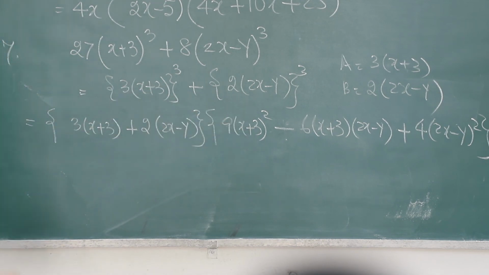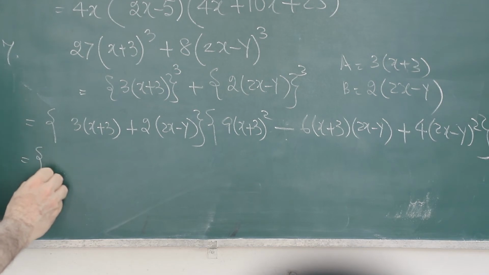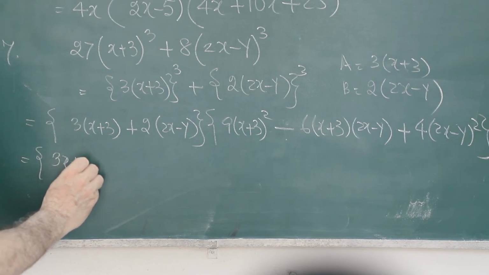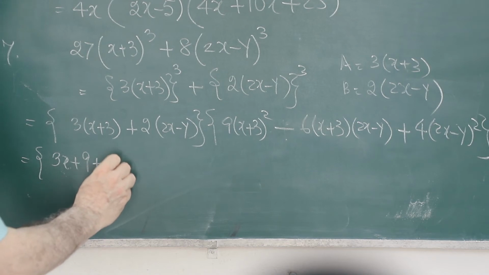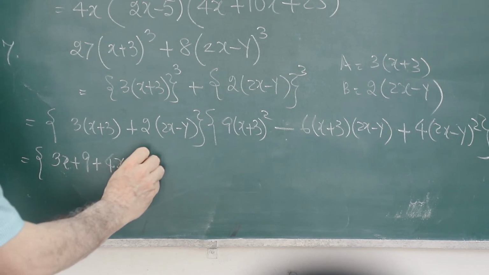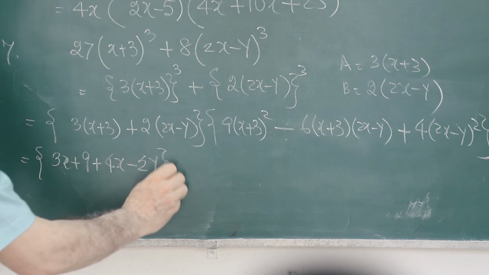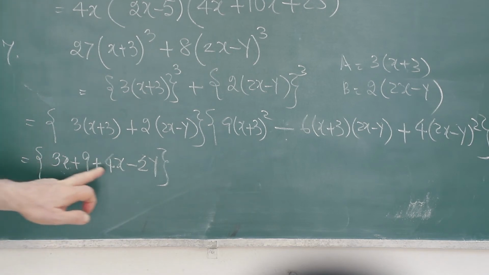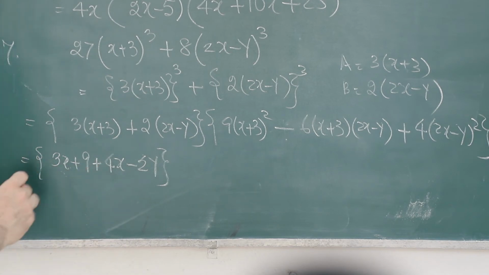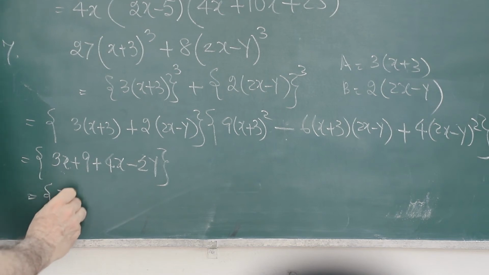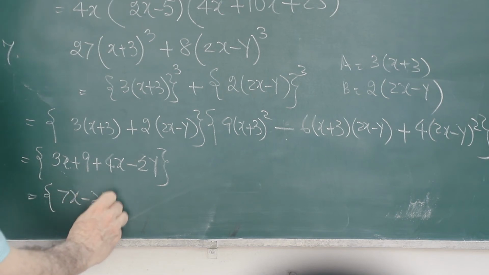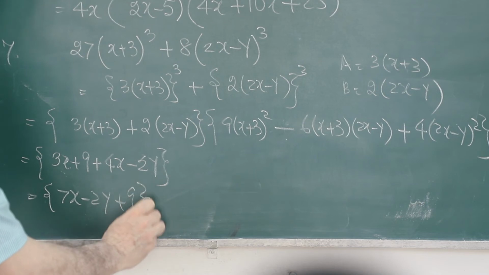Now it remains the question of just opening them. 3x plus 9 plus 4x minus 2y. 3x plus 4x will be 7x in the next step, minus 2y plus 9. This will be one factor.